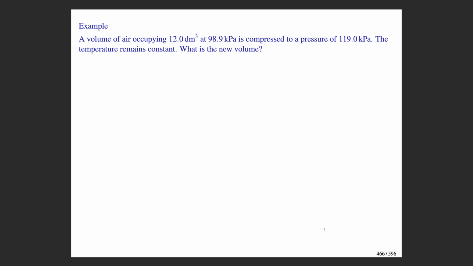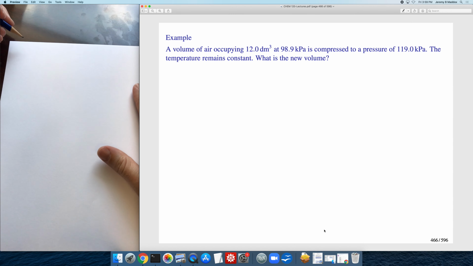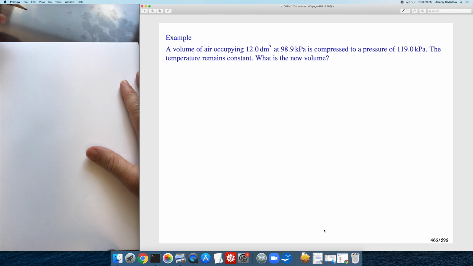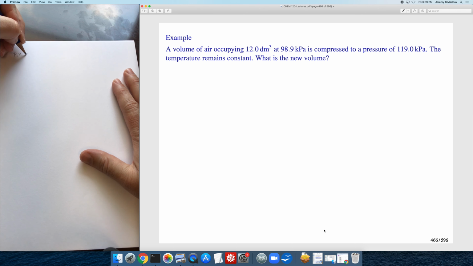This is a typical Boyle's law problem. We've got a volume of air occupying 12 liters at 98.9 kilopascals. That gas is compressed to a higher pressure. Temperature is constant. It's assumed that the number of moles is constant. What is the new volume of the gas? So you would use your Boyle's law formula.